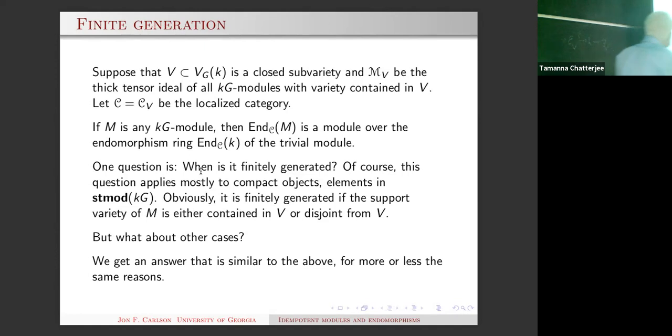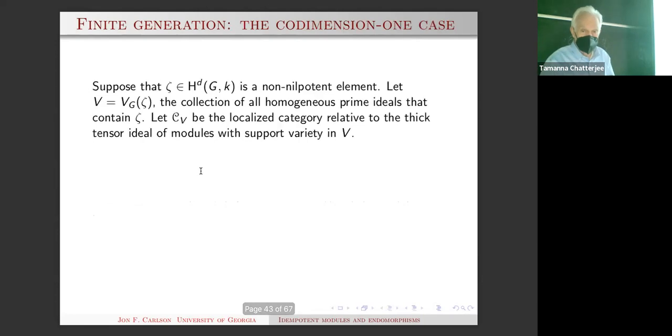And what happens, I show this by example, is that the answer is more or less similar to what happens above. Let's go back to this case where we take a non-nilpotent element in the cohomology ring. Let V sub G(V) be the collection of homogeneous prime ideals that contain that non-nilpotent element, and let C_V be the localized category.